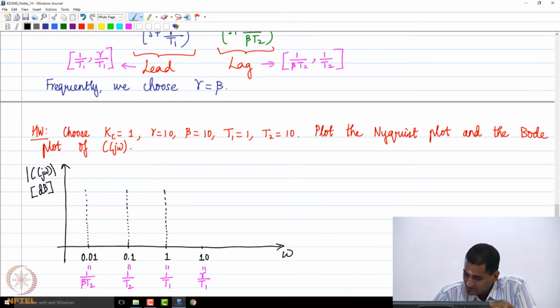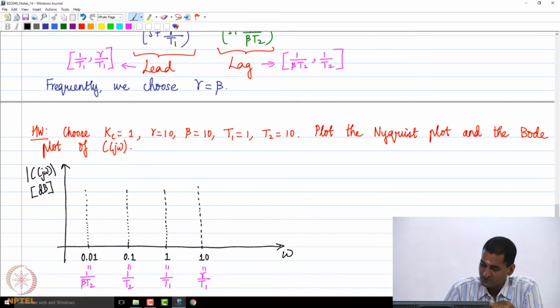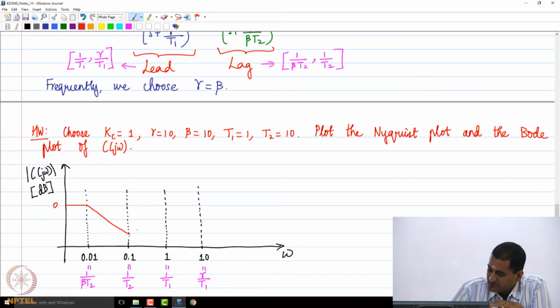Let's look at what happens. I am just going to give you the answer and then discuss. In this particular case the asymptotic plot will obviously start from 0, then reduce to -20, then stay at -20, and then go back to 0.